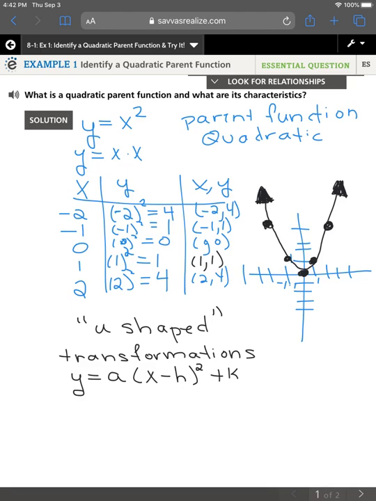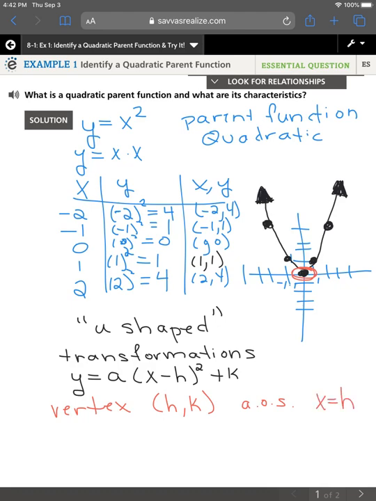So just like the absolute, my vertex, which is going to be the bottom of the U, is (h, k). Okay, axis of symmetry, we're going to label AOS, is x equals h.